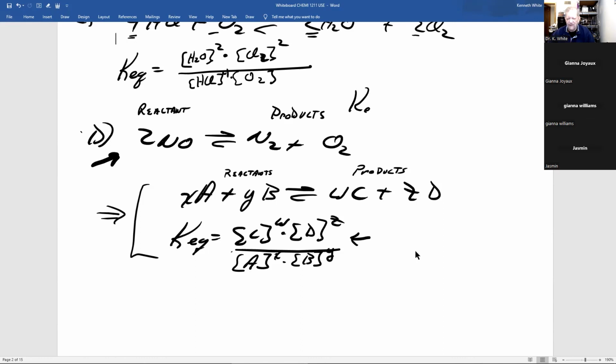Therefore, K equilibrium equals the concentration of nitrogen. That's why we put these brackets, times, not plus, the concentration of the other product divided by the concentration of the reactant. And notice here the coefficient is 2. And that's how you do it. If I look at the clock, oh no, I'm out of time.